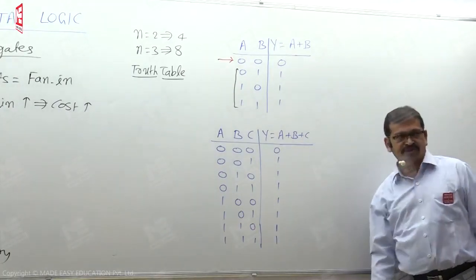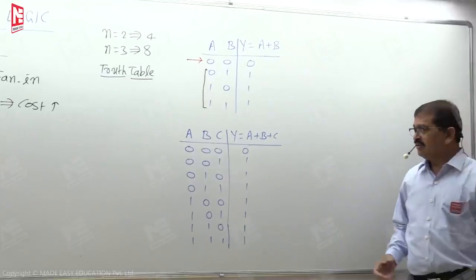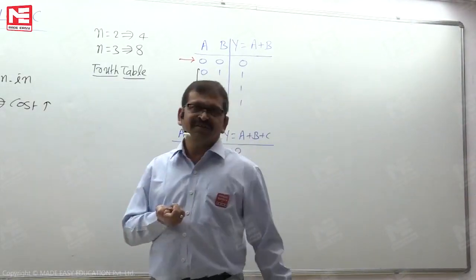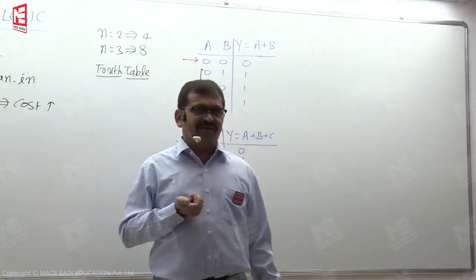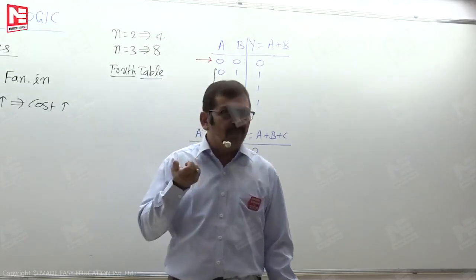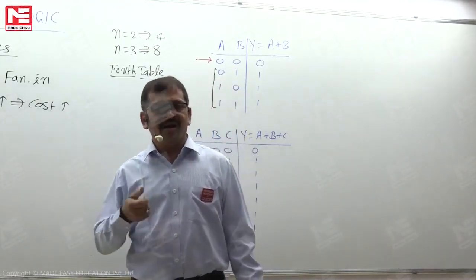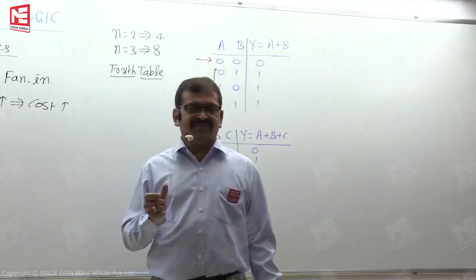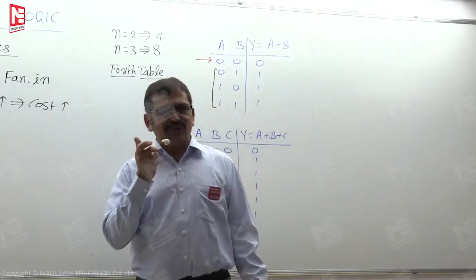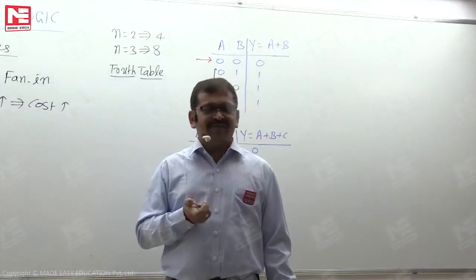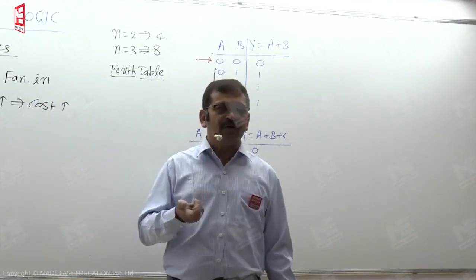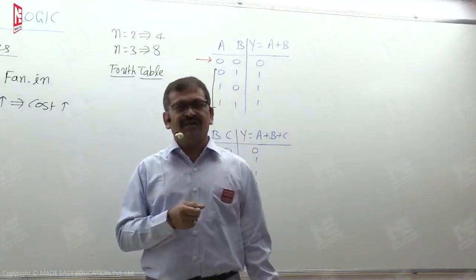If we want to state the definition of the truth table, we can say a truth table is the one consisting of all possible combinations of the variables along with the result. So you want to note, I will repeat, a truth table is the one consisting of all possible combinations of the variables along with the result.